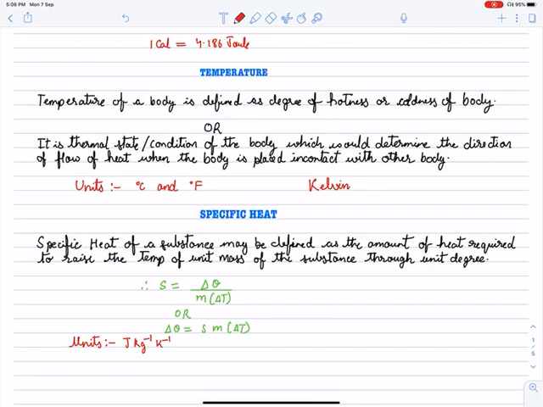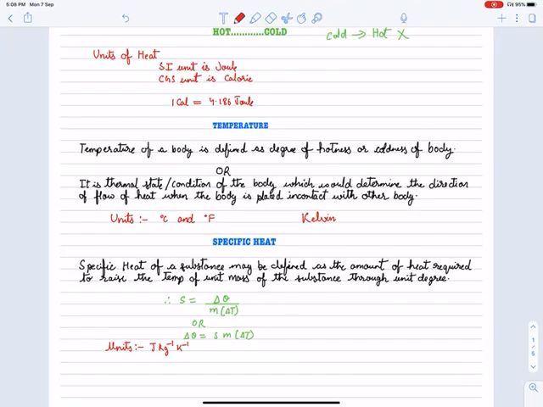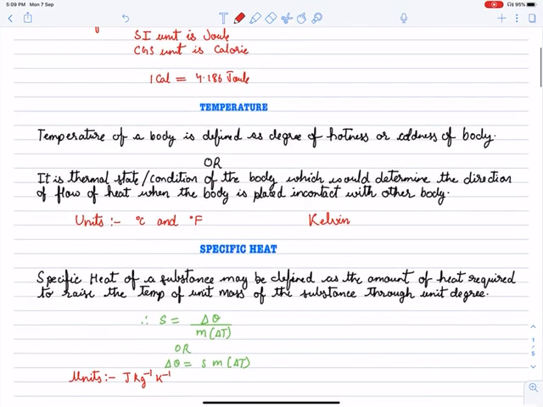What I mean is, if I define del Q is equal to S m del T.